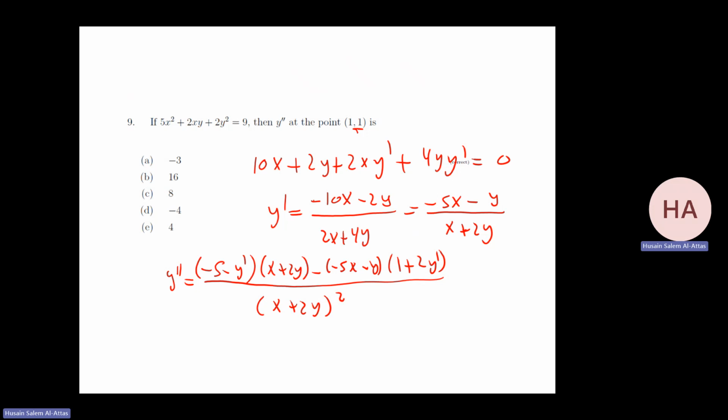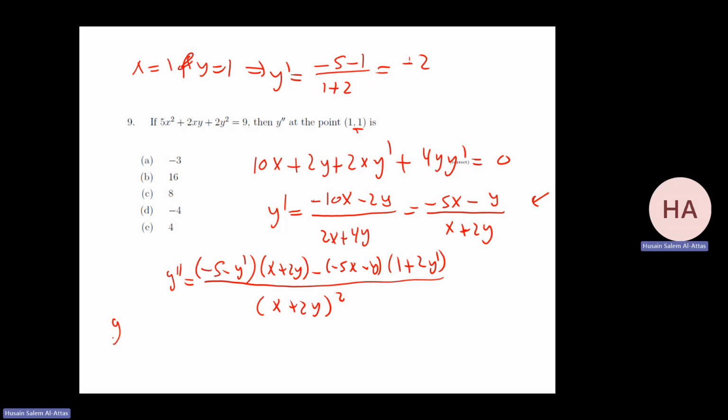The same thing. I have x equals 1 and y equals 1. What will be y prime? Substitute here. You get minus 5 minus 1 over 1 plus 2, minus 6 over 3. That will be minus 2. Since x equals 1, y equals 1, it will be easy.